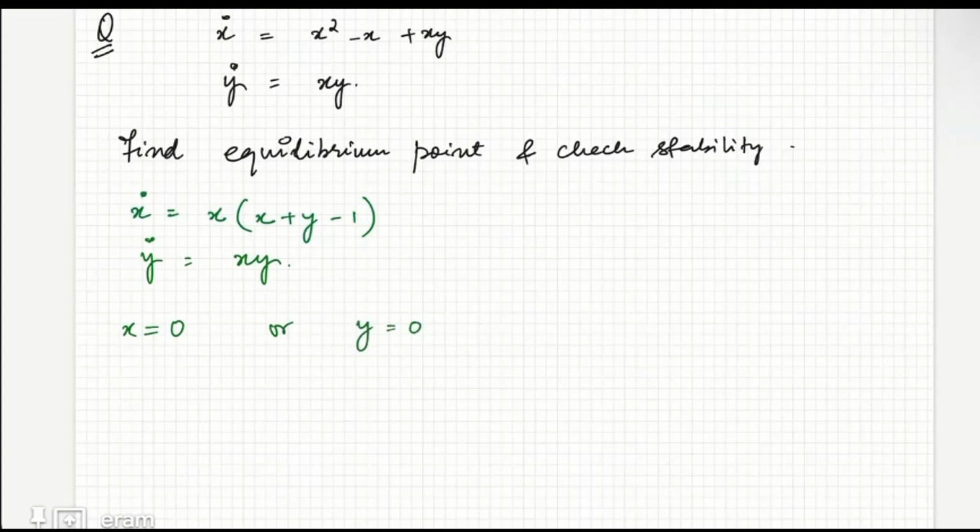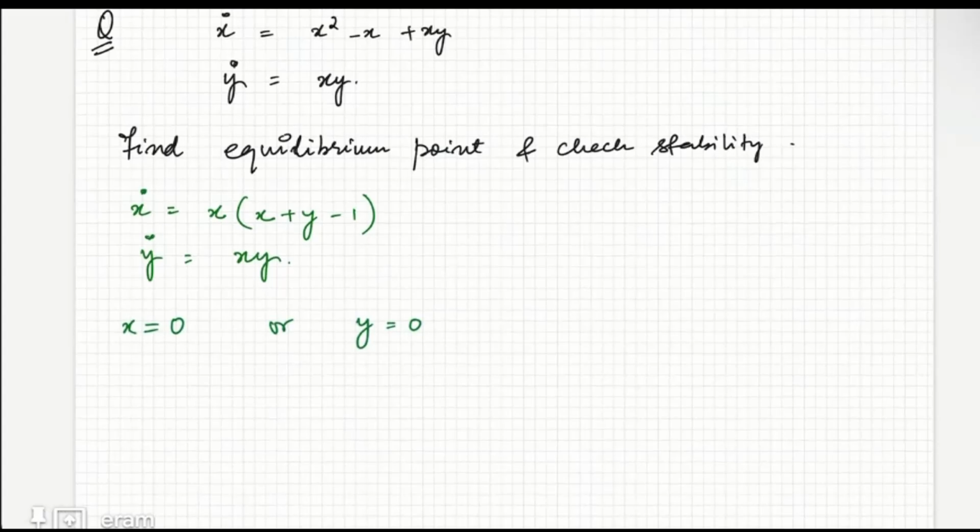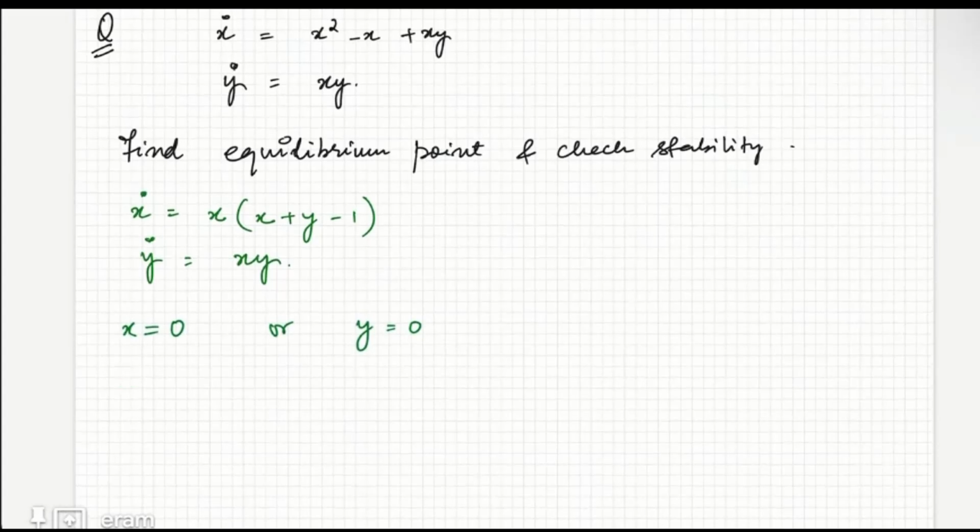So when x equals 0, we have the equilibrium point for any value of y. So x equals 0 means we have the equilibrium point (0, y), because when x equals 0, both the dynamics will be exactly 0 whatever value of y we take.